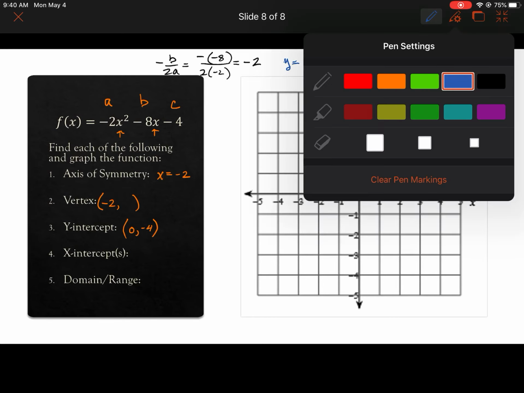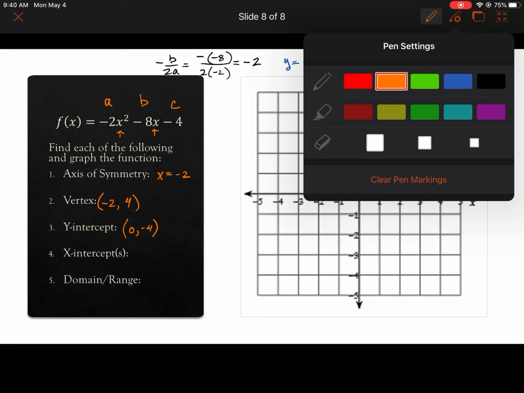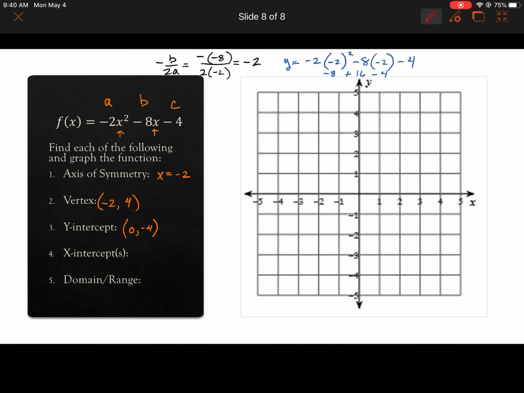So my y value of that vertex is going to be, I forgot what it was already, 4. All right, so -2, 4. Let's go ahead and graph some of these points. I've got -2, 4 as my vertex. I also know I have a y-intercept of 0, -4.